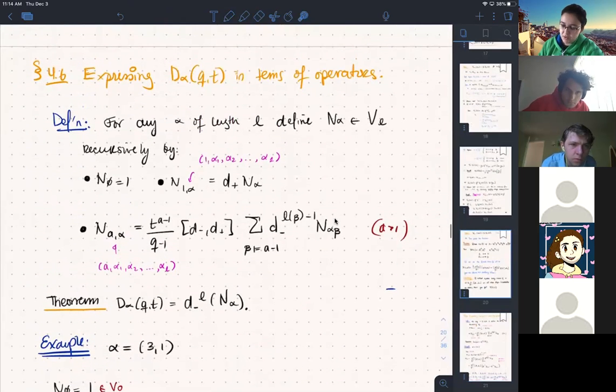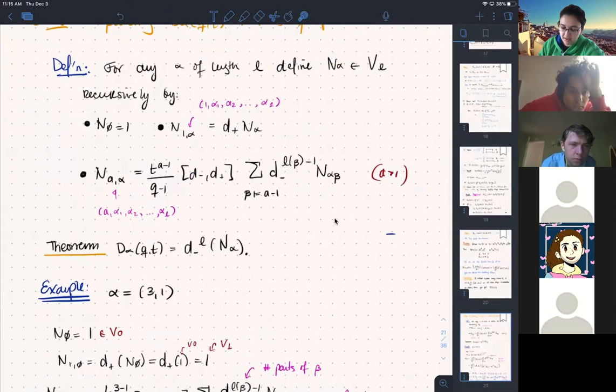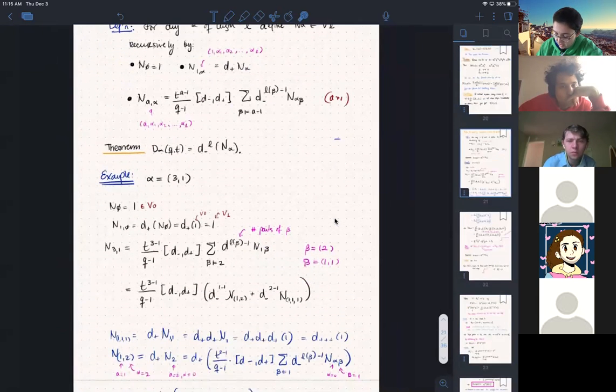So what we did is we defined this operator recursively. We called it n alpha, and it acted by sequences. For any composition, if you had an empty one, you started with 1, and then you recursively built your composition, and you generated some sort of strand of d pluses and d minuses.